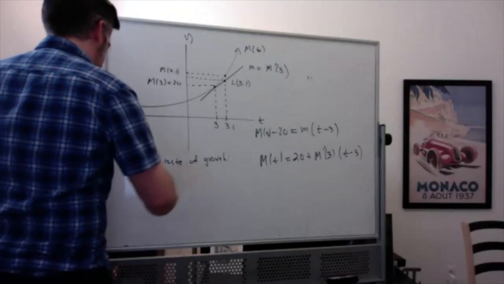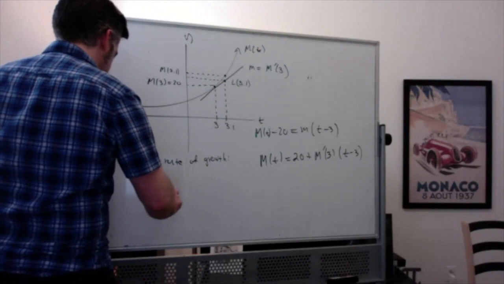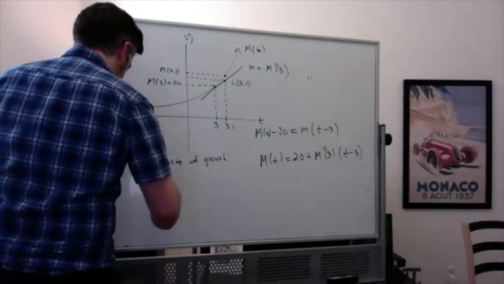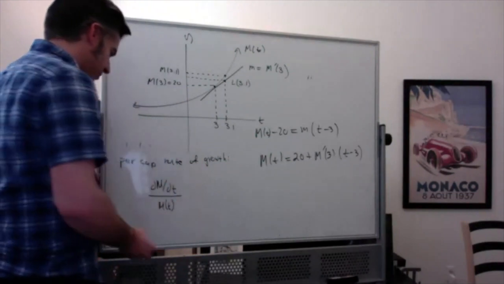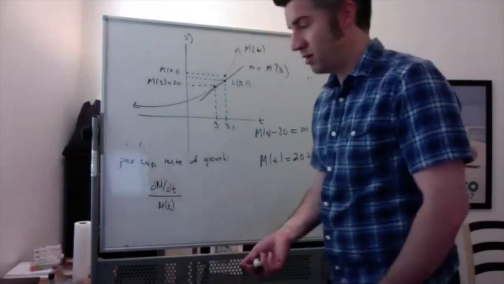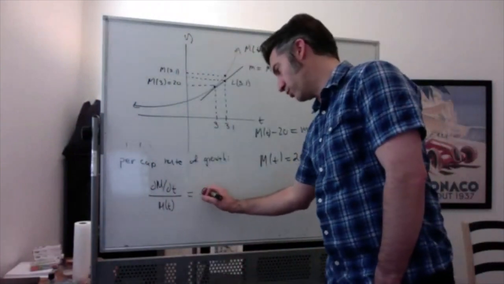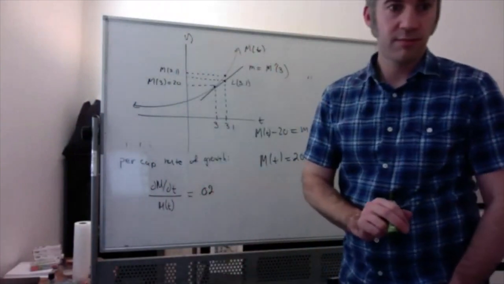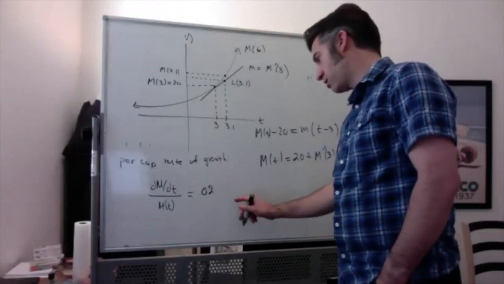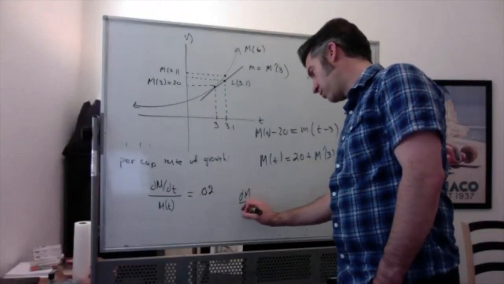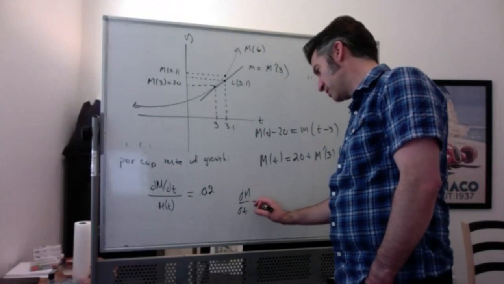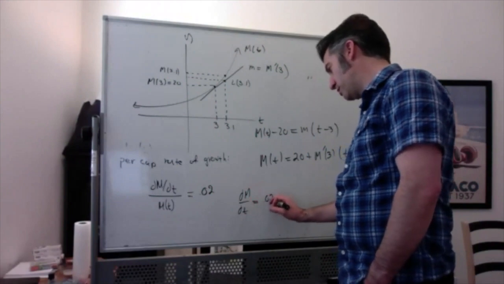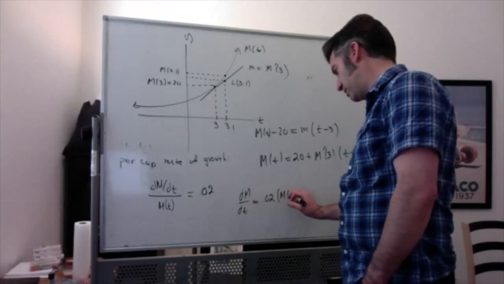So the per capita rate of growth is your derivative divided by your population, and that's equal to 2%. So I can say the rate of growth of mice is equal to 2% times the number of mice.